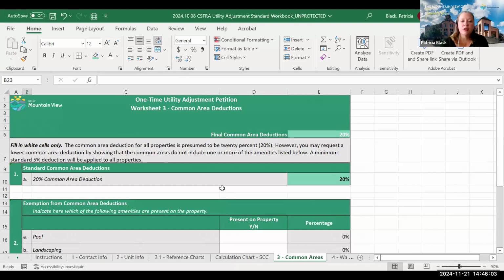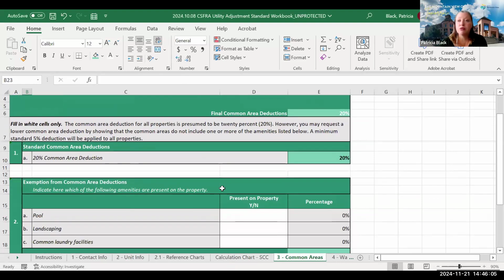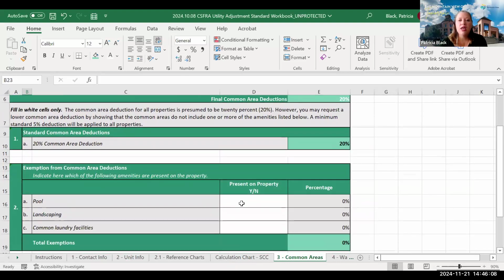So the next worksheet that you're going to put information in is the one talking about those common area deductions. If you have a pool, you're going to say, yes, I have a pool. If you have landscaping, remember it has that definition there, you're going to say yes. For the sake of this example, I'm going to say, no, I don't have landscaping. I am a water smart property owner, and I have taken care to make sure that I have drip irrigation and drought tolerant plants.